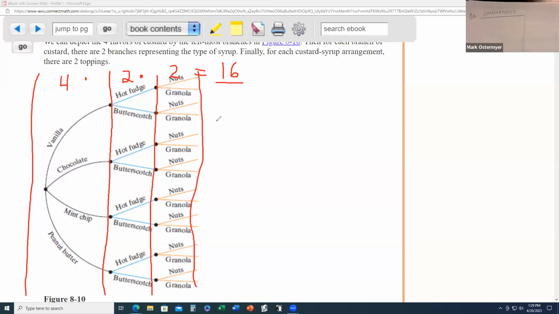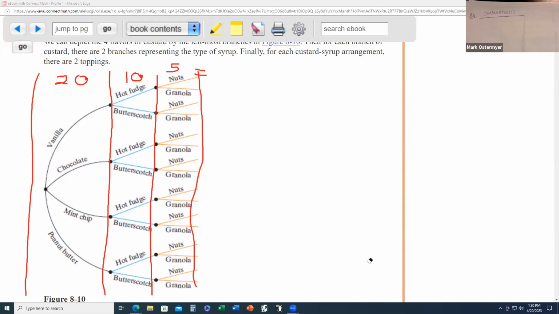So we're starting to see, ladies and gentlemen, that counting may not be as easy as we think. Suppose that instead of 4 different custards, 2 different syrups and 2 different toppings, could you imagine how this could start to get out of hand if we had 20 different custards, maybe 10 different syrups, and maybe 5 different toppings? Wow.